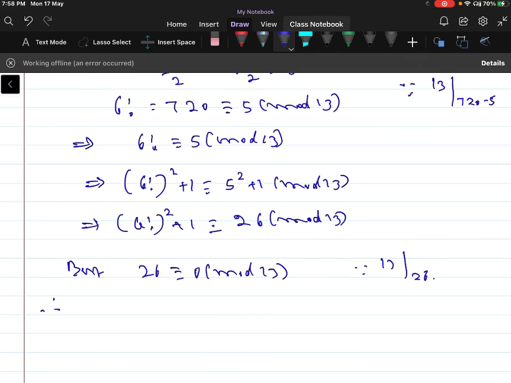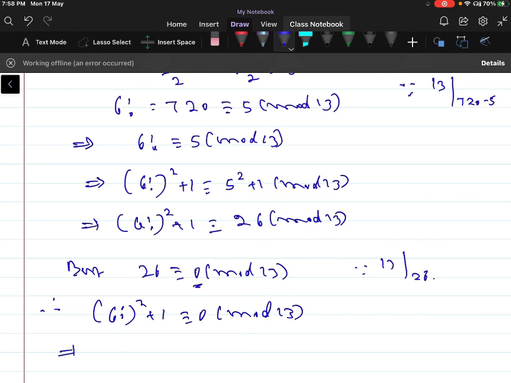So therefore I can write 6 factorial square plus 1. So 26 is congruent to 0 modulo 13. So therefore 6 factorial square plus 1 is congruent to 0 modulo 13.